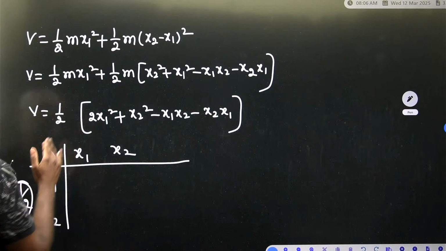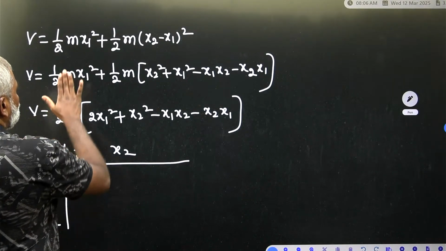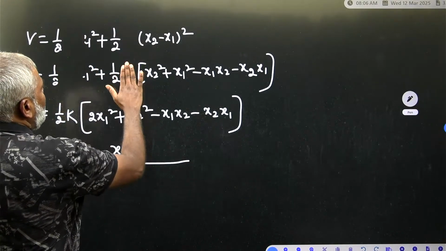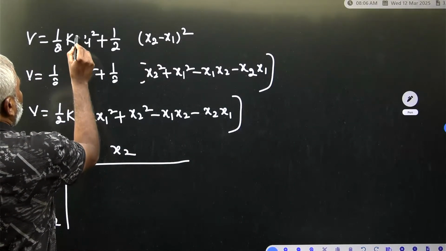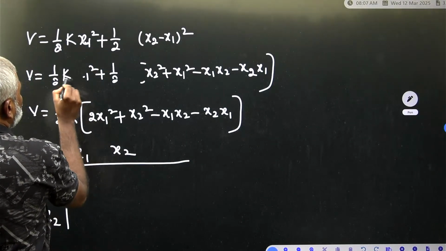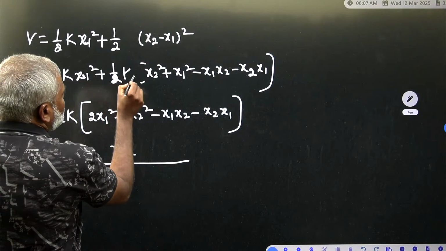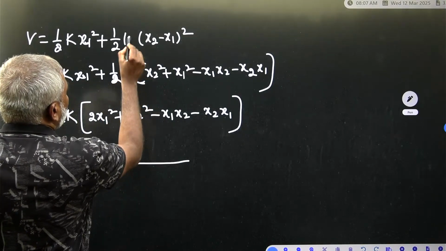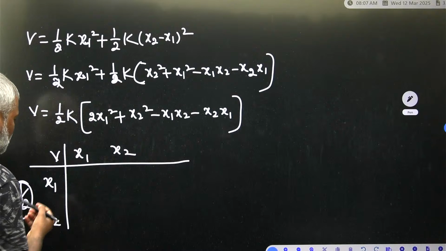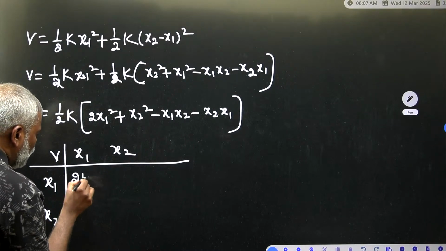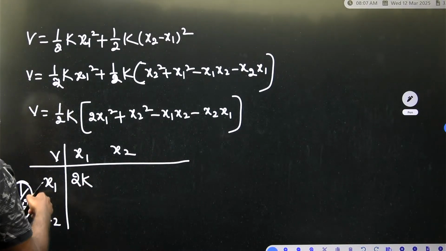This is 2k, not m. So you take 2k x1 square, so you get 2k.